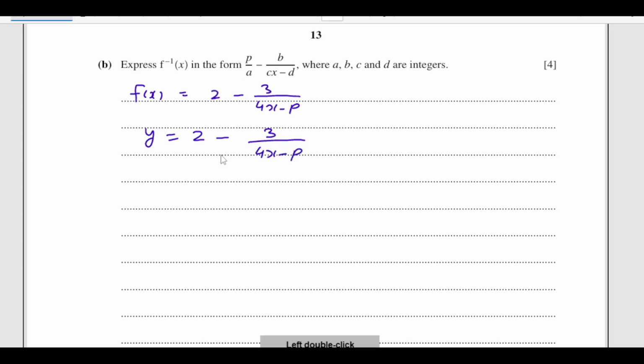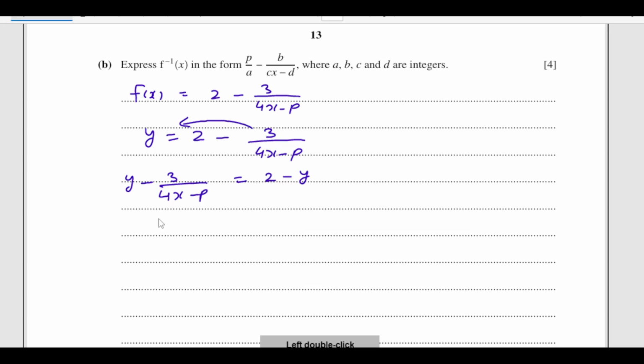As we are making x the subject, there are two ways actually. So let's shift this to the other side. So this will be y minus 3 over 4x minus p is equal to 2 minus y.